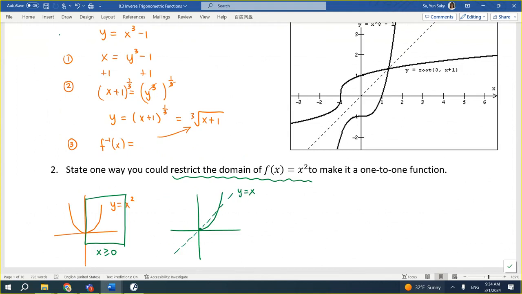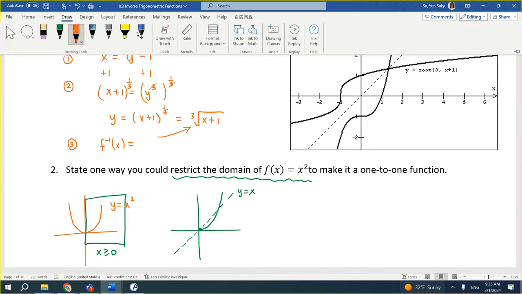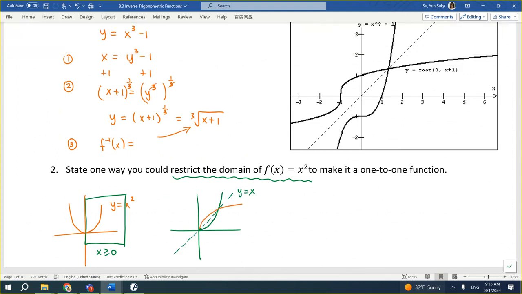Flip it across the line y equals x. We get this. So for the inverse function, you have y equals x squared, right? And you interchange the x and y, you get x equals y squared. And you solve for y.